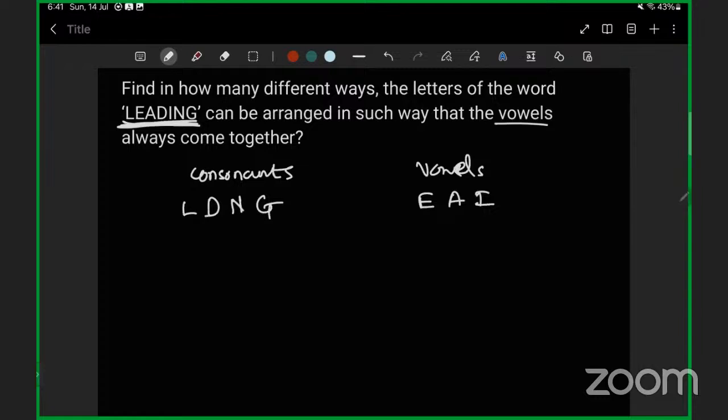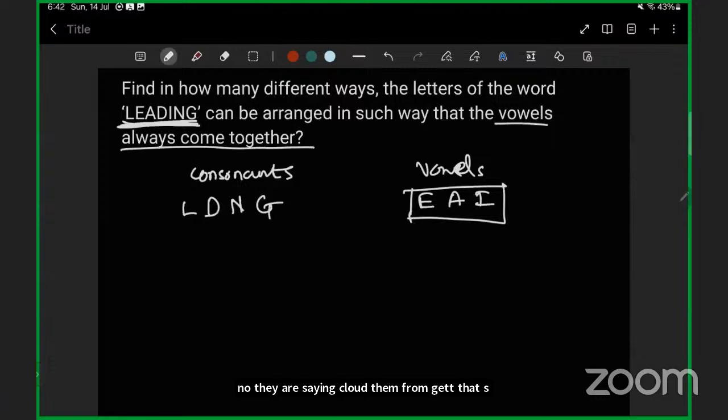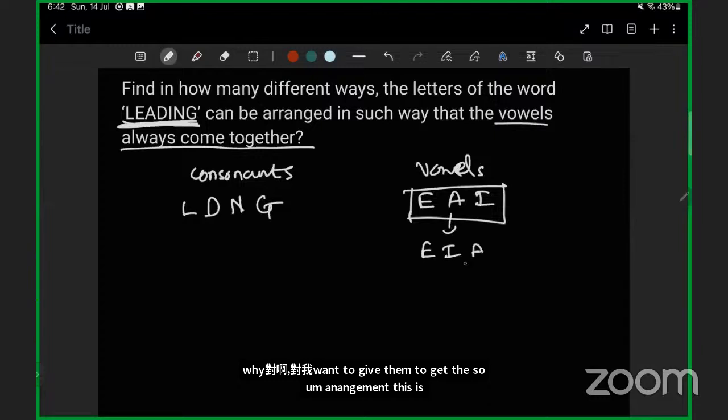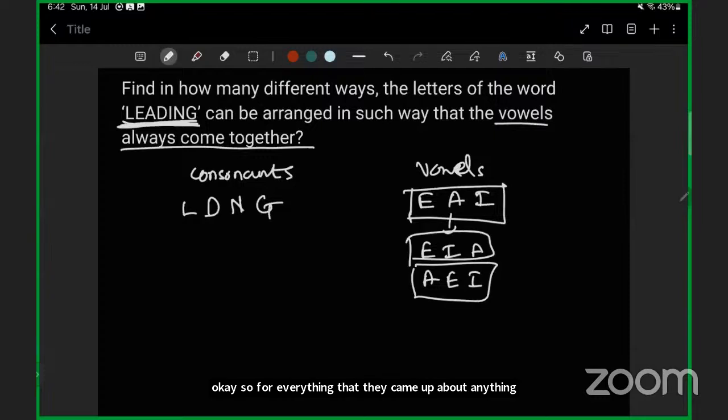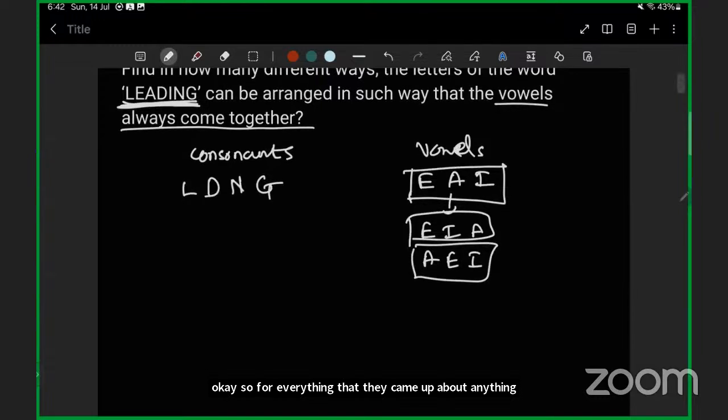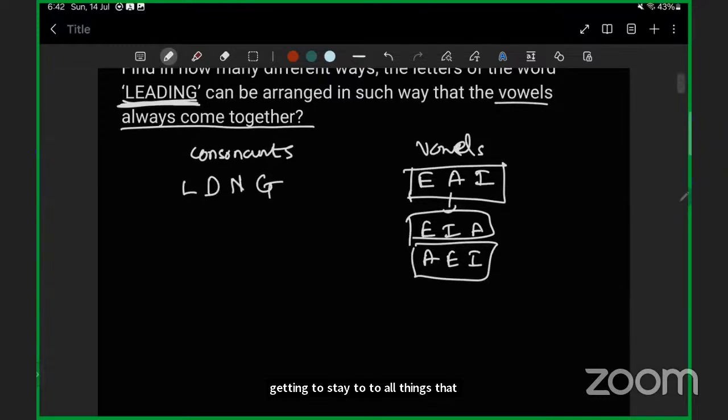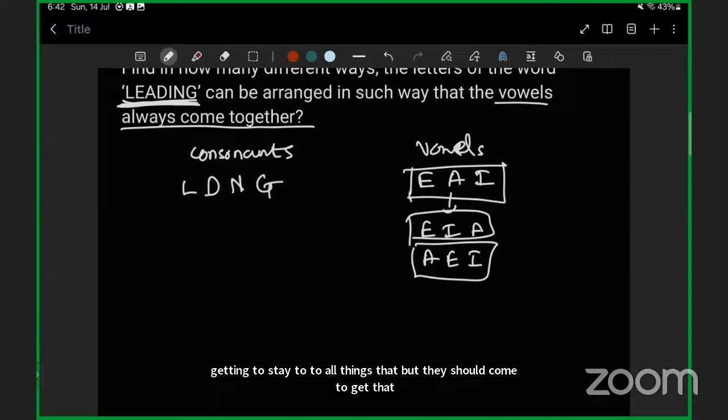Now they are saying club them together. They always come together, so I want to keep them together. The arrangement among them is okay: E A I, or E I A, or A E I, or anything else, this is all okay, but they should come together, with nothing coming in between them.